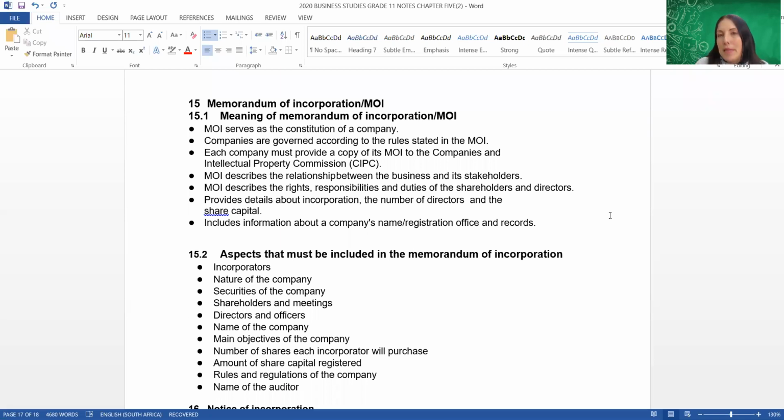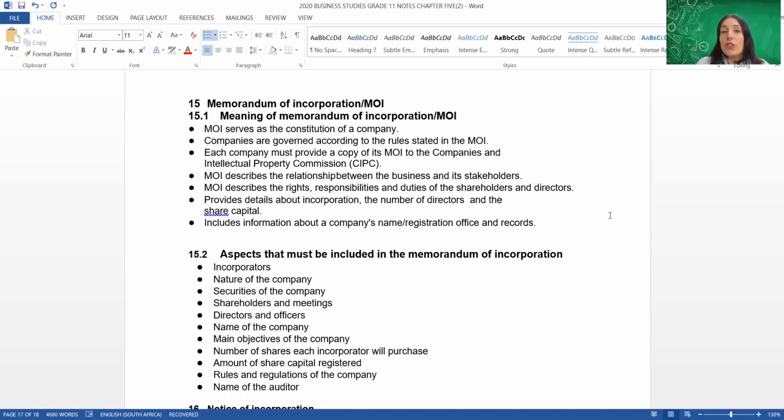You have to submit an MOI. It also describes the relationship between the business and all the stakeholders. So it could describe the founding members or the incorporators, the shareholders, the directors, and so on. So all the different parties who have interest in this company.